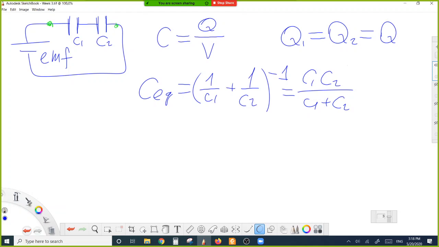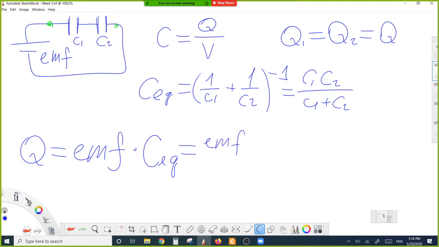Now we can write the expression for the charge Q, which is equal to the electromotive force multiplied by the equivalent capacitance, that is, the electromotive force times C1 C2 over C1 plus C2.